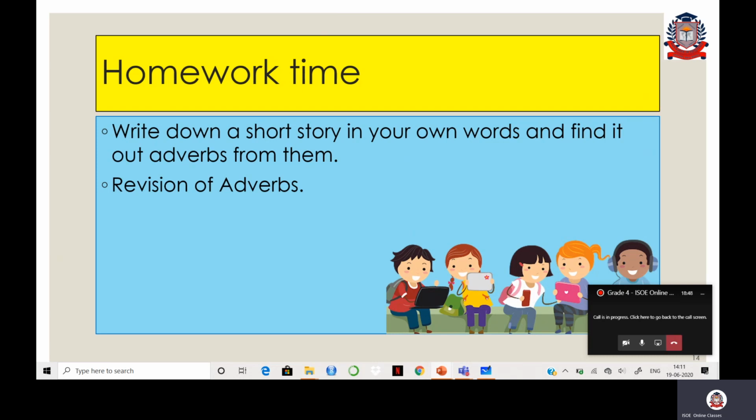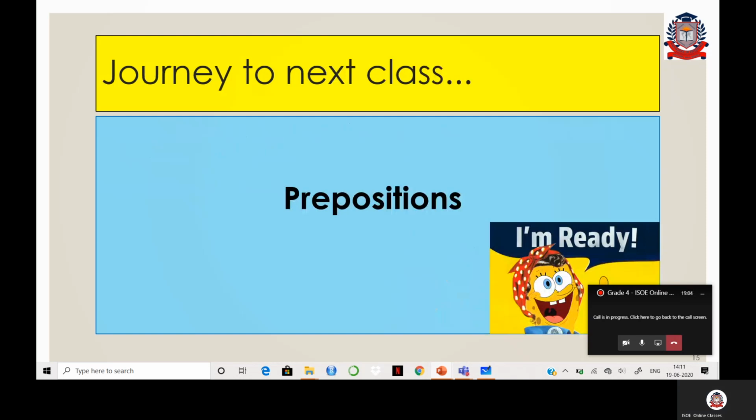After writing the story, on the next page, write the adverbs and note down the points. You will also revise adverbs at home because it is very, very necessary.